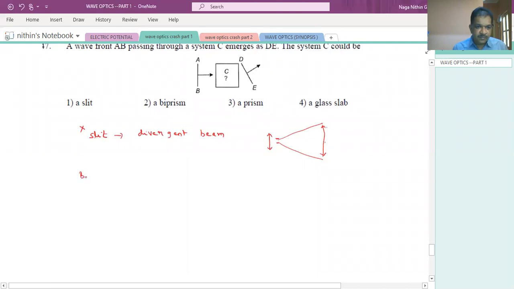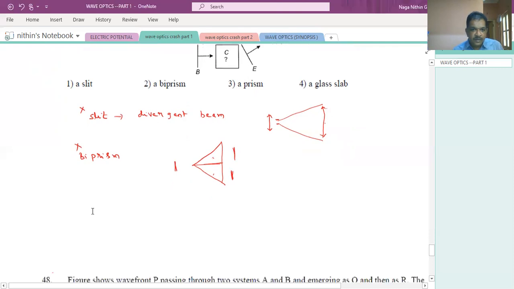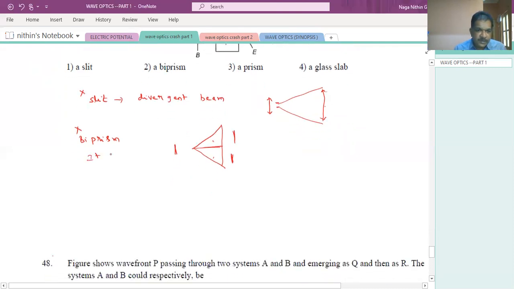Biprism will give two outputs. Here one prism will be there, here one prism will be there. These two will give two outputs for one input. Here only one output is there, so this is also wrong. Biprism gives two images.